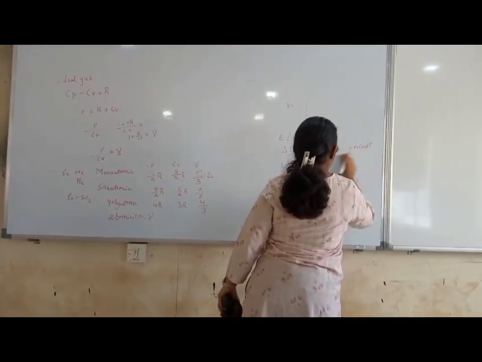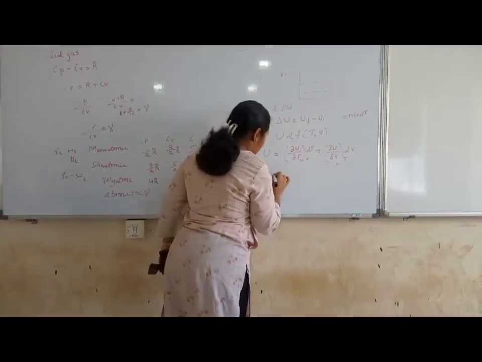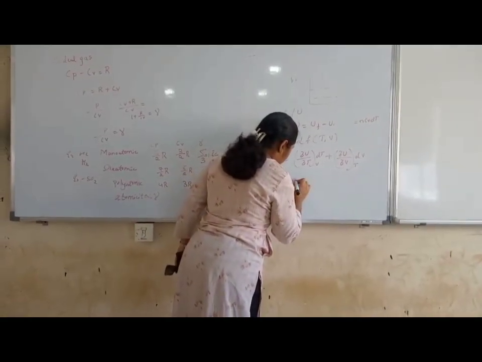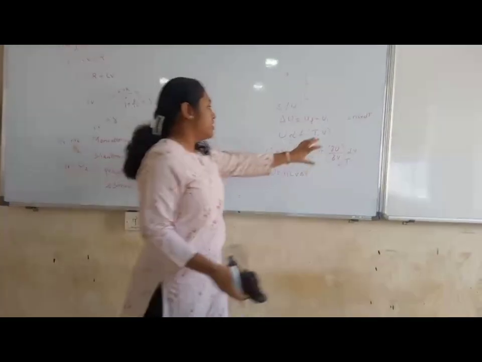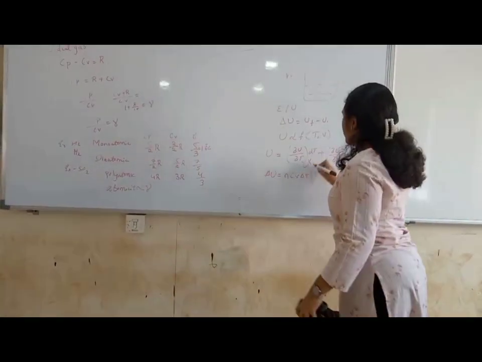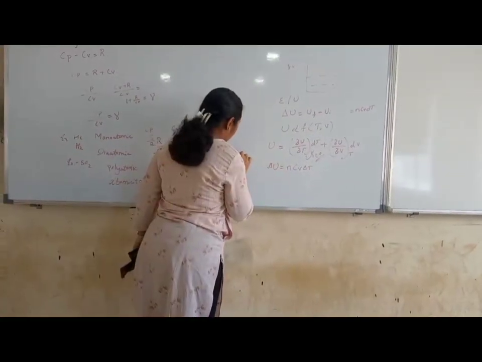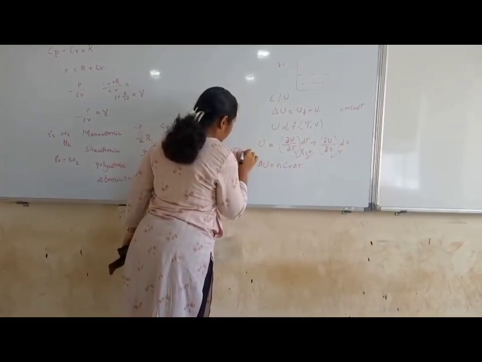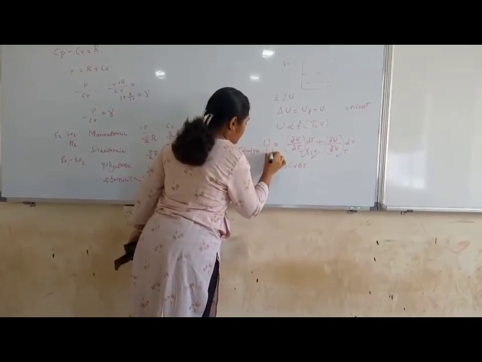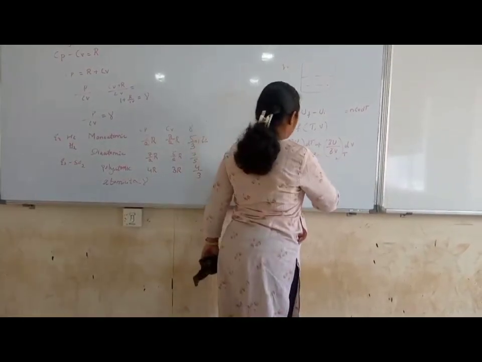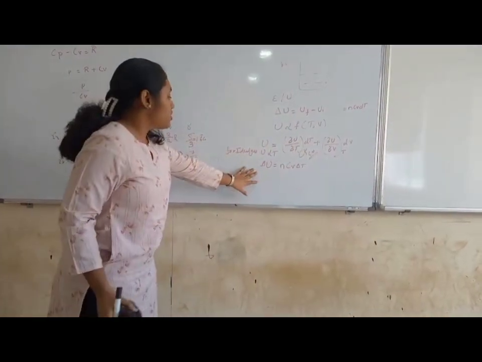With this integration, we get finally n CV delta T. This is replaced by CV, and for an ideal gas, U is a function of T only. So you get n CV delta T. So this is one formula.